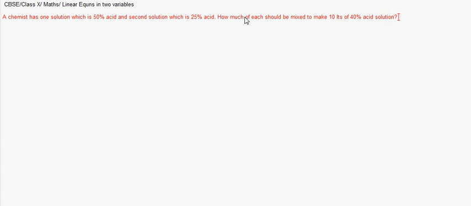I know you will be getting this right, but still I give you the answer for you to check. So the first solution you will find will be 6 liters, and the second will be 4 liters. Hope you get that answer right. Thank you.